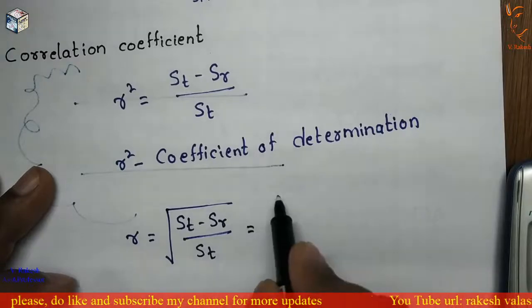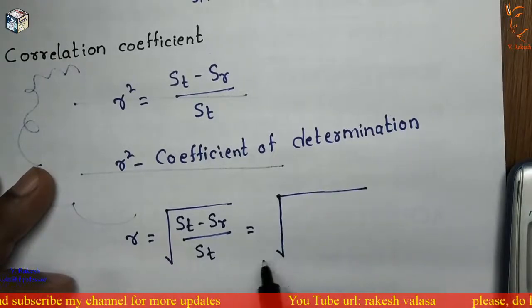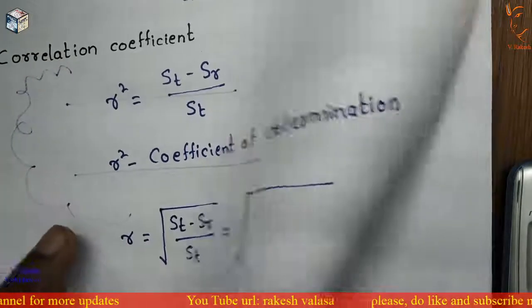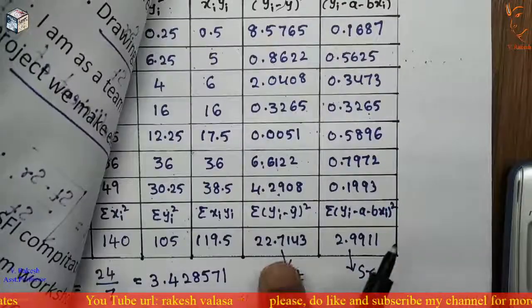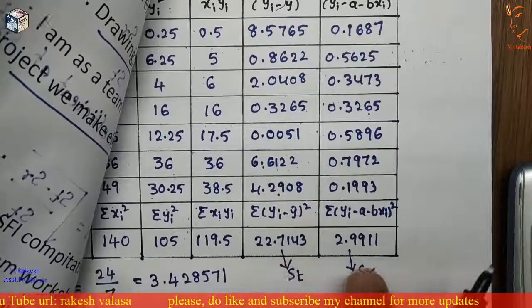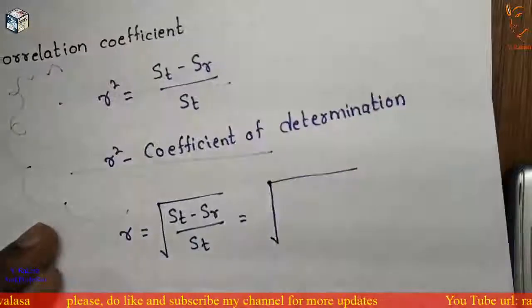Now substitute the values here. St means 22.7143, Sr means 2.9911.